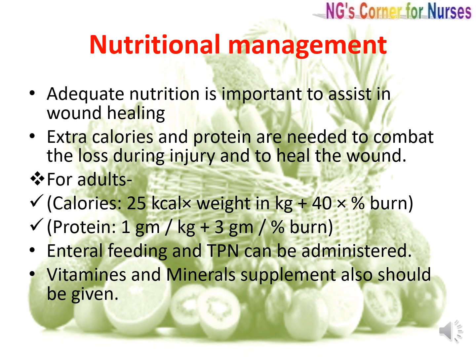Next, coming to the nutritional management. Adequate nutrition is important to assist in wound healing. Extra calories and proteins are needed to combat the loss during injury and to heal the wound. These are the calculations depending on which calories and proteins are calculated.